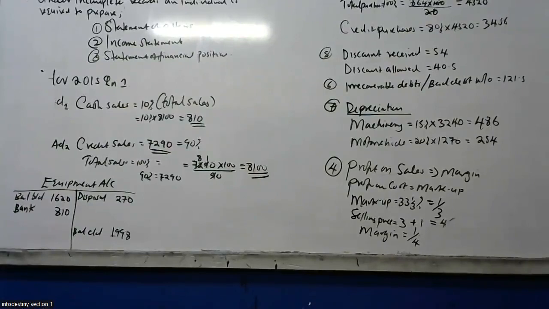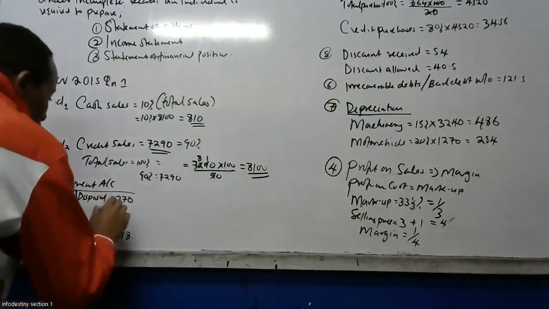So we have 1620 plus which they purchased, 810. Then we less 270, which was sold. And also we less the remaining balance of the equipment, 1998, to give us depreciation of 162.